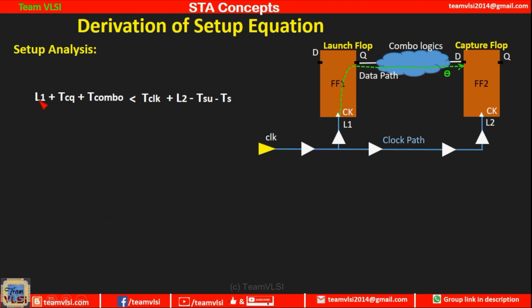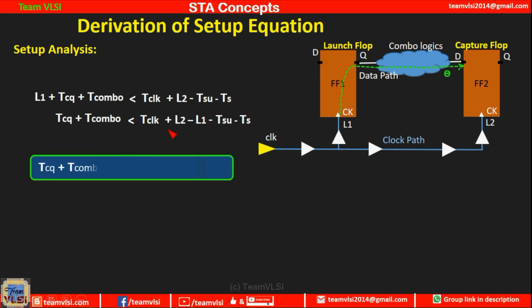We can subtract L1 from L2 on the right hand side, and instead of L2 minus L1 we can write T skew, right? So our simplified equation becomes: T clock to Q, the delay of clock to Q, plus combinational delay should be less than clock period plus skew minus setup uncertainty minus setup time.